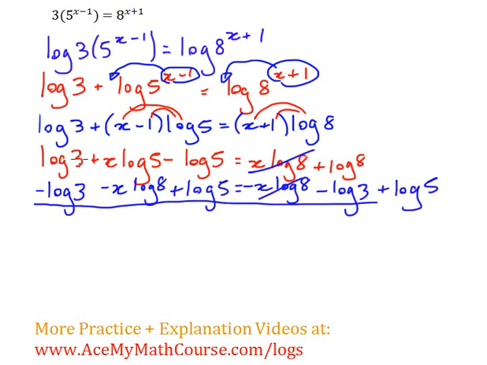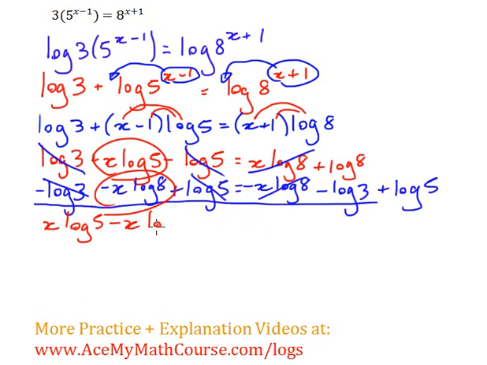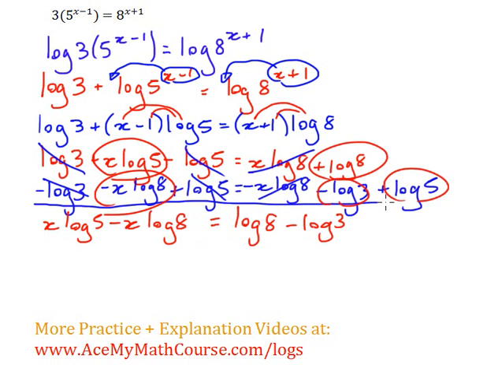Well, what a mess. Got rid of those. Then we have x log 5 minus x log 8. Hope that everyone's getting it. So I got log 8 minus log 3 plus log 5.